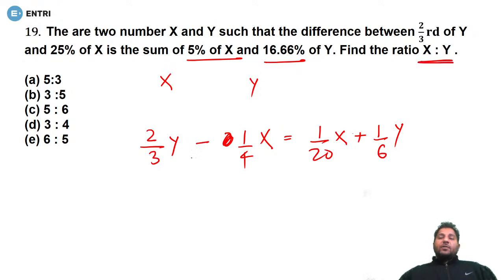Then find the ratio of x and y. It is a really good question. Let's find the LCM of 3, 4, 20. The LCM would be 60.